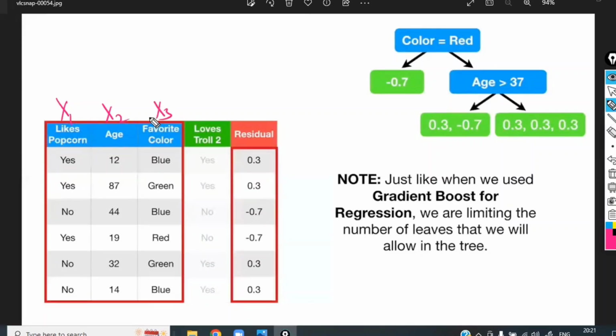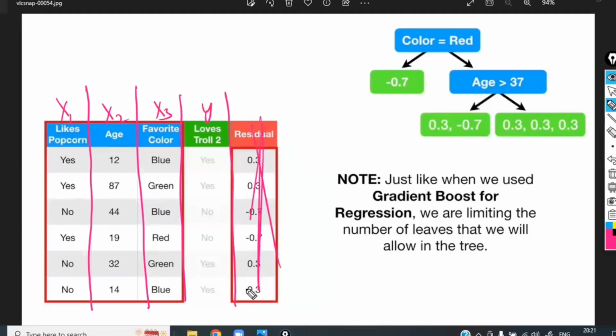First, write only these 3 columns: X1 column, X2 column, X3 column, up to here only. And the output column, Y. Don't write this one. Up to here you write in the notes: x1, x2, x3 and y.